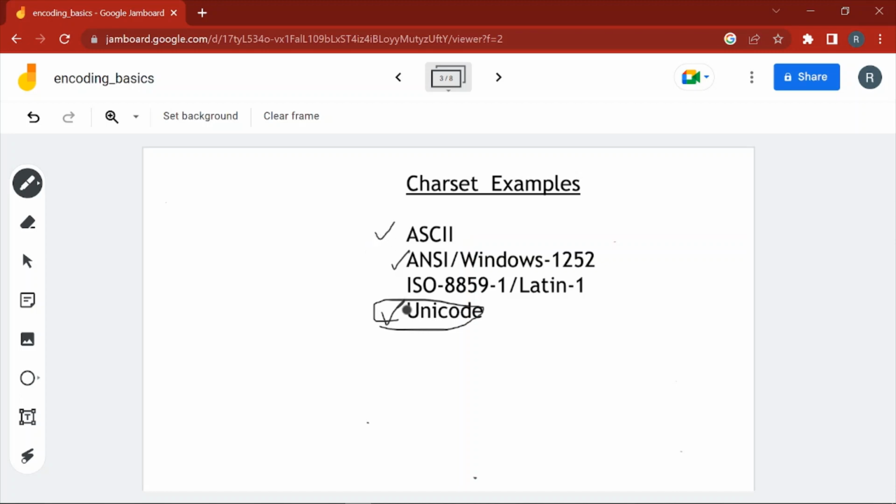That's why Unicode was developed and other character sets came into the picture. ASCII only supports English characters. It was necessary to develop a character set which supports other languages, all the languages available in the world, and then Unicode came into the picture. Unicode supports all the languages available in the world, whether it's Chinese, Japanese, or Russian, all the languages.